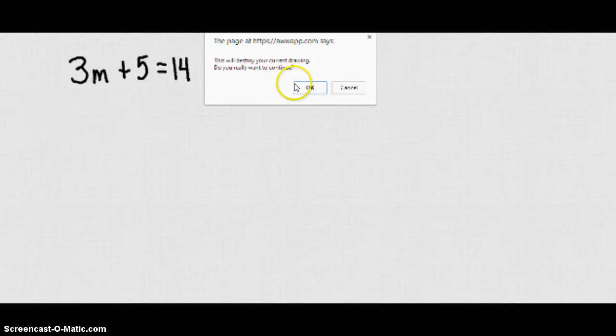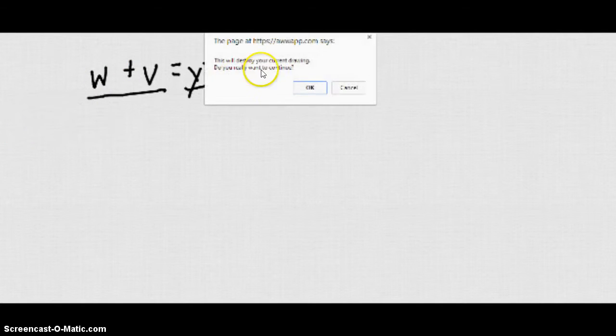Another example we could have is if we had w plus v equals y squared. We could simply say the sum of w and v equals the square of y. So that's how you would translate between verbal sentences and equations, and then vice versa.